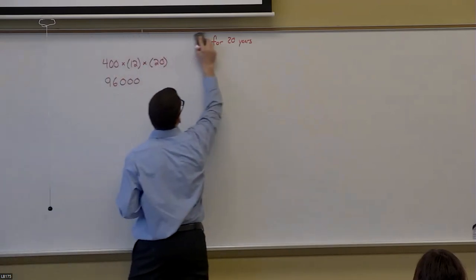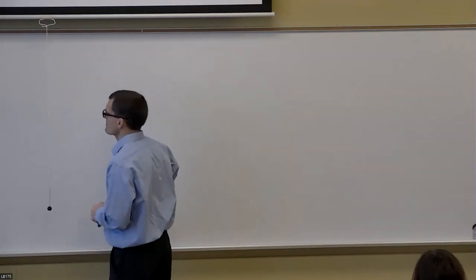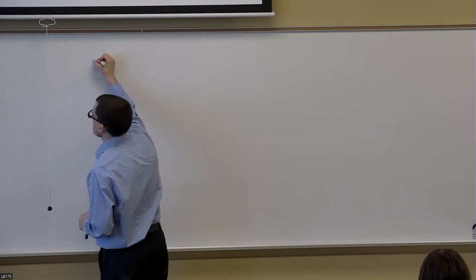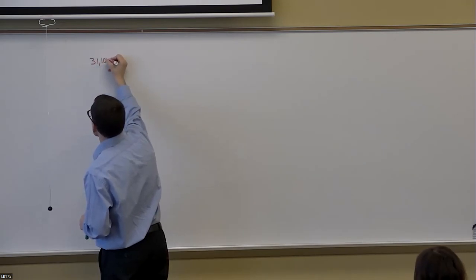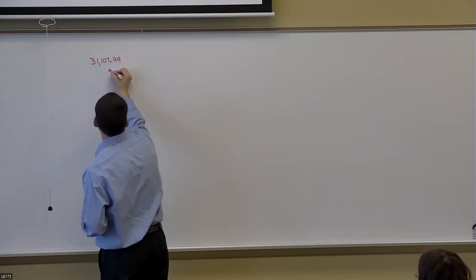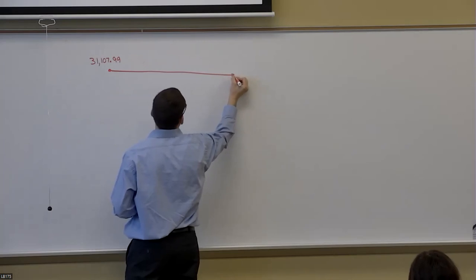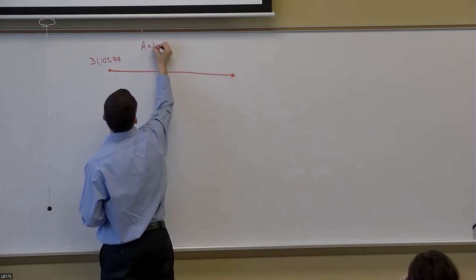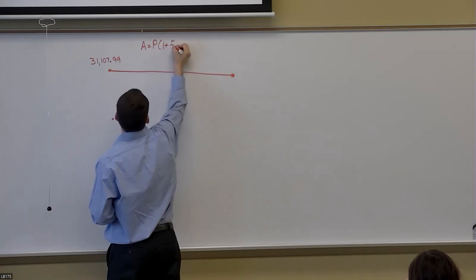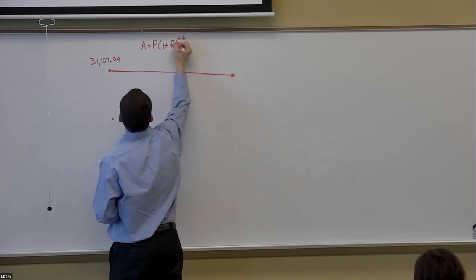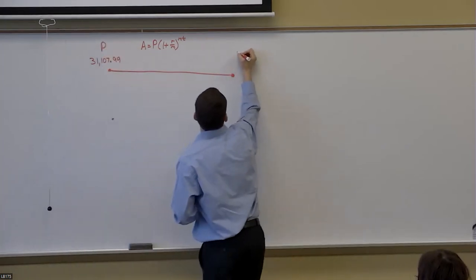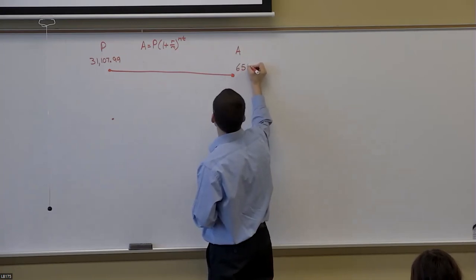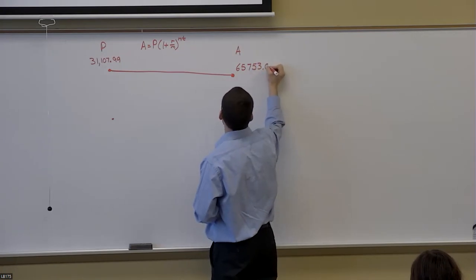Let me write that again in a different way. If one were to start with $31,107.99, this is my present value, if I just let the lump sum grow, my amount in the future would be $65,753.08.